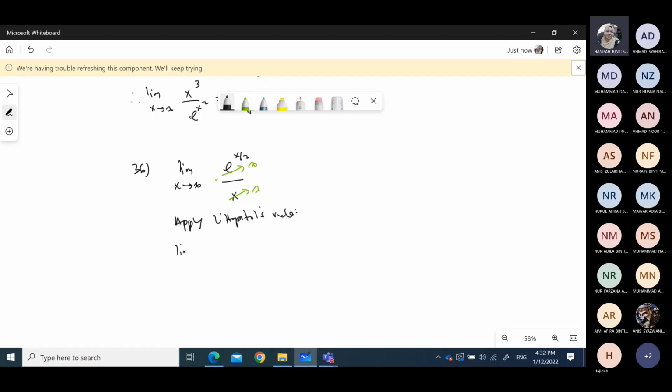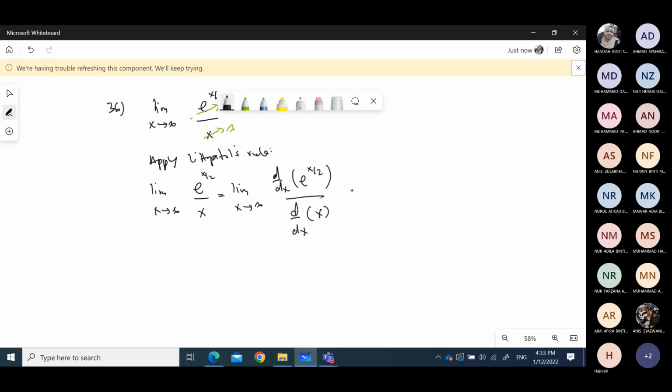L'Hopital's rule: the limit as x approaches infinity of exponent x over 2, over x, is equivalent to the limit as x approaches infinity of the derivative with respect to x of exponent x over 2, over the derivative with respect to x of x. Differentiating, we get 1 over 2 exponent x over 2.